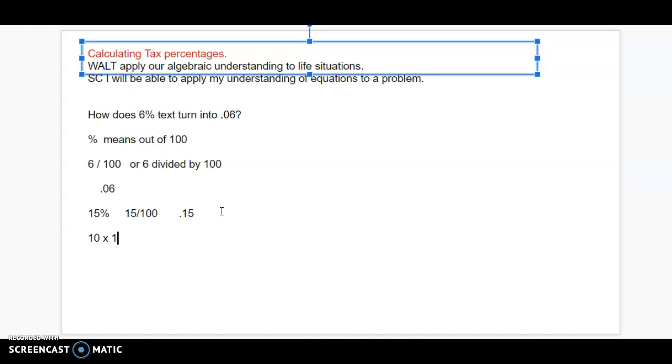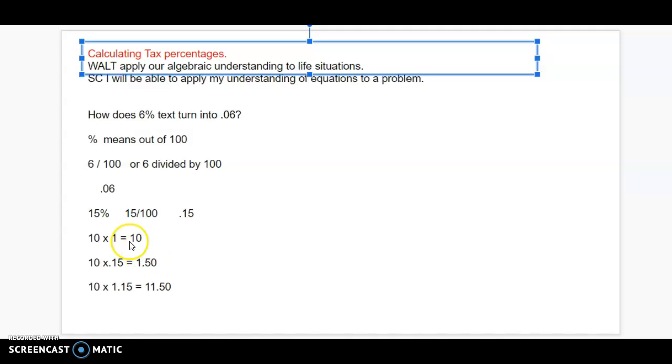If I multiply just by 1, 10 times 1, I'm going to get $10. If I multiply 10 by the 15%, I'm going to get $1.50. So if I multiply 10 by 1 and 0.15, it adds the 10 and the $1.50 together, so the answer will be $11.50.